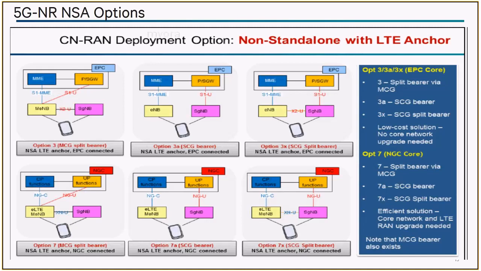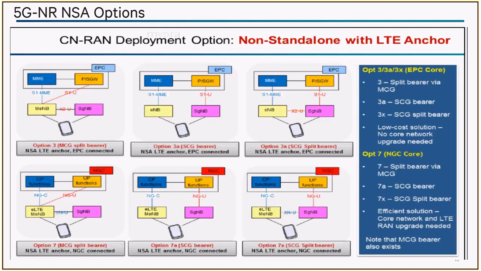Or option 3A, where the control happens on the LTE side, but the user plane data comes directly to the G-Node B, and the G-Node B sends the user packet to the UE. Option 3A is not finding much mileage. Option 3 and option 3X are the two common configurations that we are seeing.